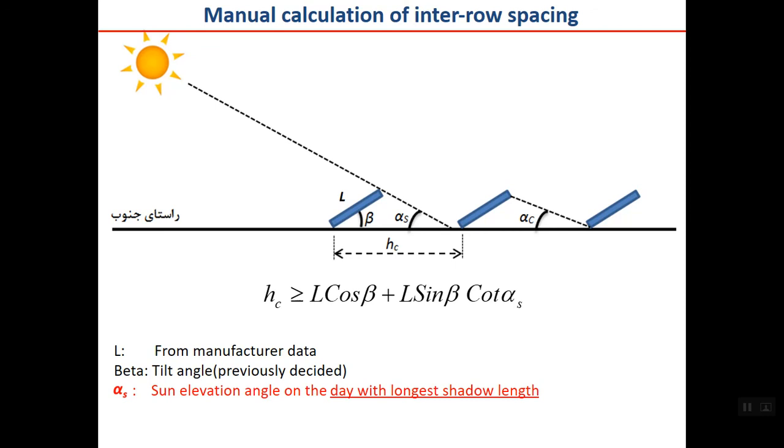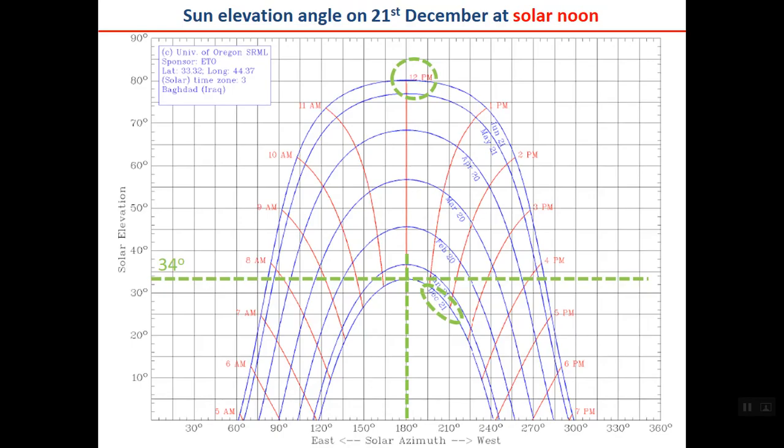Now the question is, what is the longest shadow day of the year? Yes, you are correct. It is 21st or 22nd of December, or in a better way to say, it's the winter solstice, okay? So you should calculate alpha S for the location in question for the winter solstice.